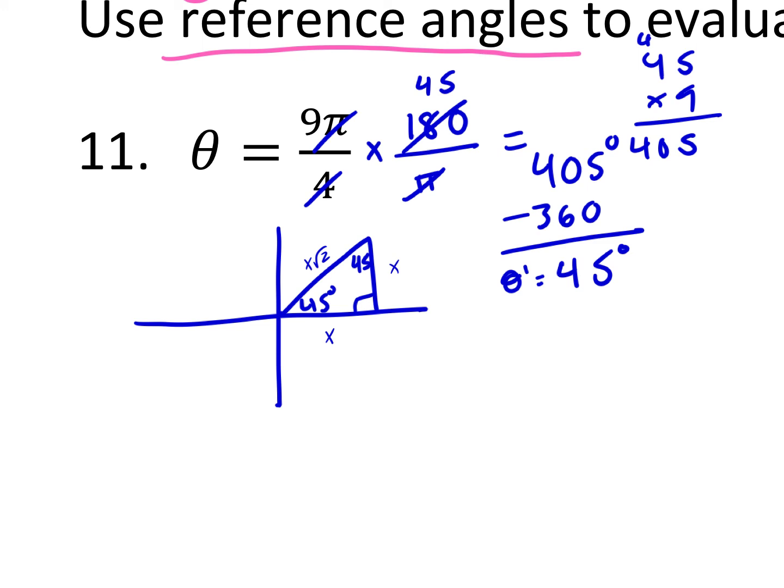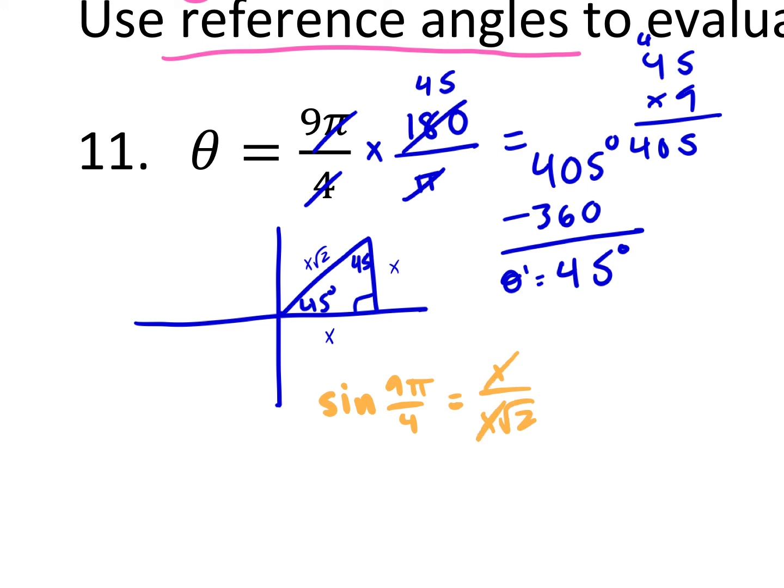The x's will cancel, so they're not going to be in your answer. They'll always cancel. So sine of 9 pi over 4 would be what? Perfect. X over x square root 2.